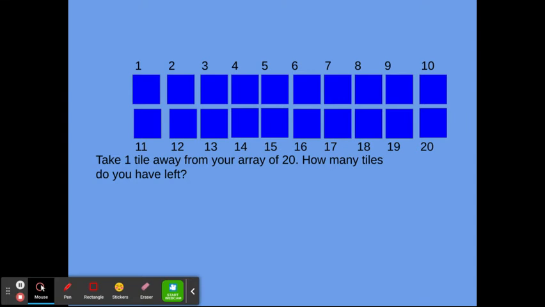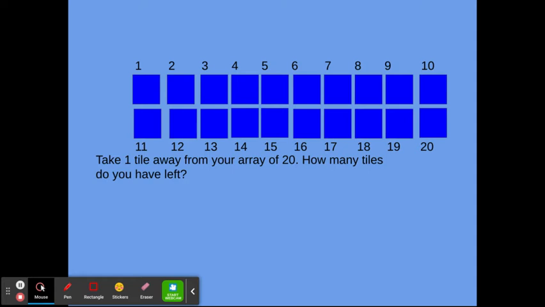Now, we've made an array of 20. Pause the video, and I need you to make yourself an array of 20 and number each one of the tiles. Okay, do you have them?